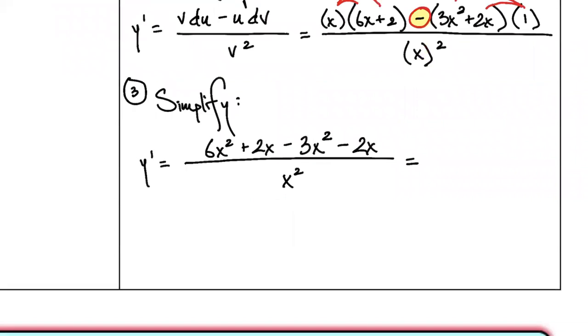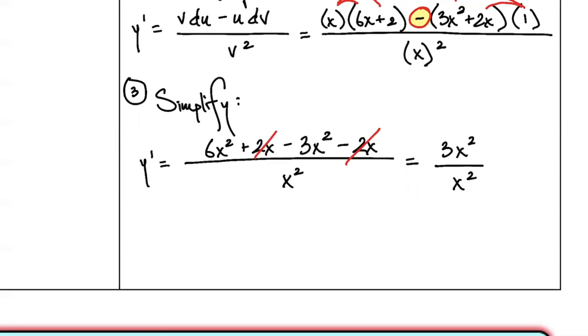But let's see what we can simplify in the numerator. So I look through, I notice I have a plus 2x and a minus 2x. Those are going to go to 0. And then 6x squared minus 3x squared is going to give me 3x squared in the numerator. And then x squared is still in the denominator.